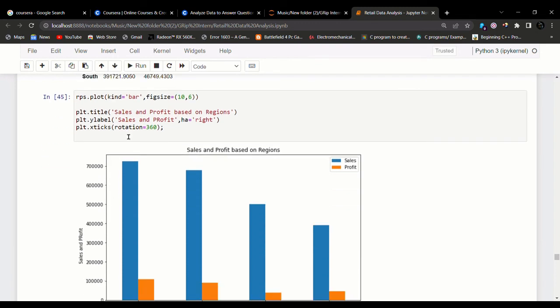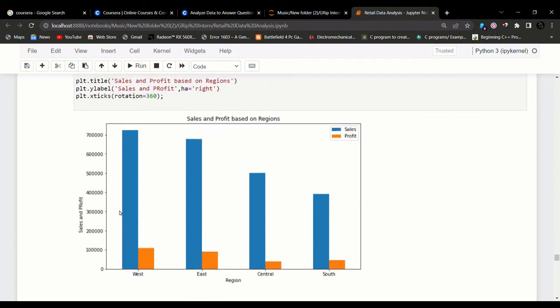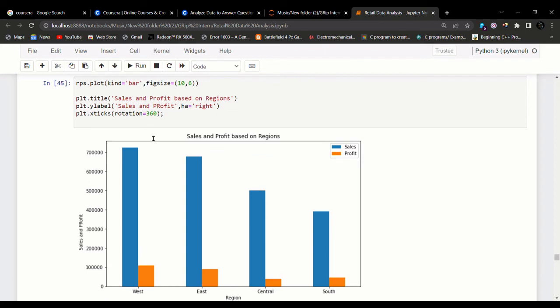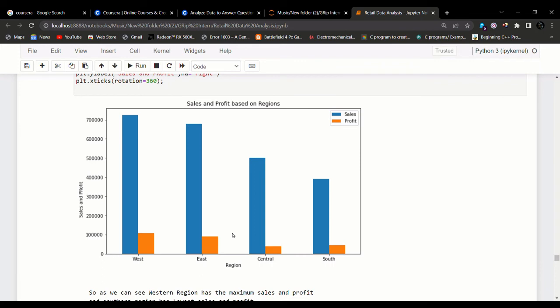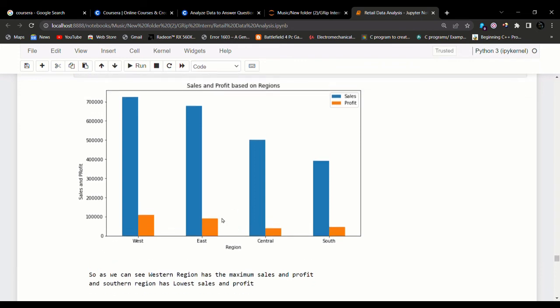And we have the same data displayed in a bar chart, plotted as sales and profit based on regions. So from the bar chart we can conclude that the Western region has the maximum sales and profit, and the Southern region has the lowest sales. The profit of the South is greater than Central, and Central has the lowest profit.